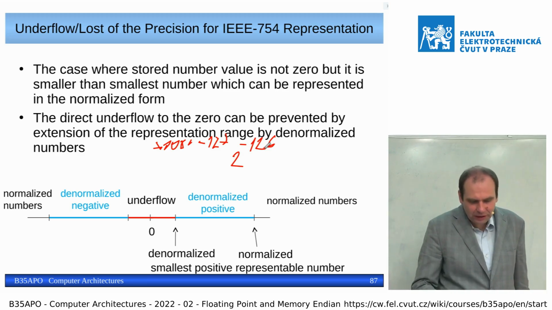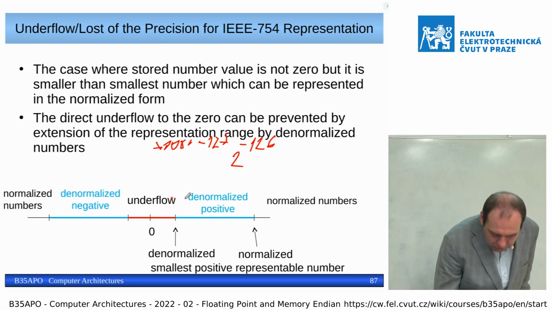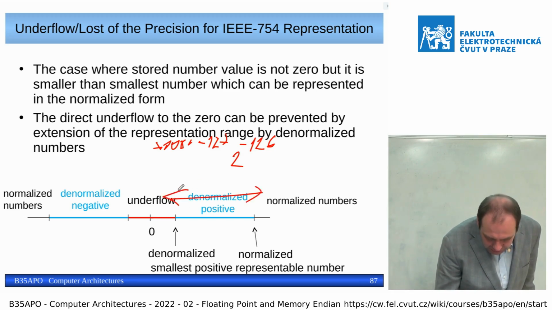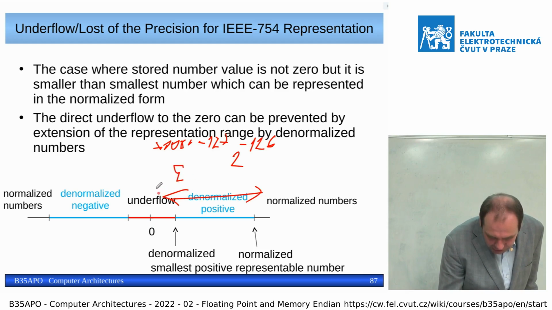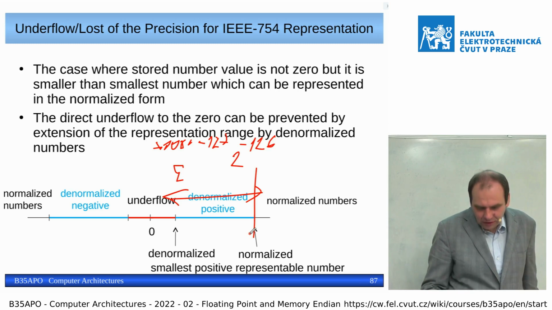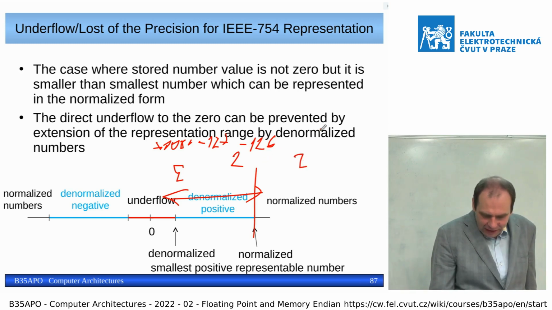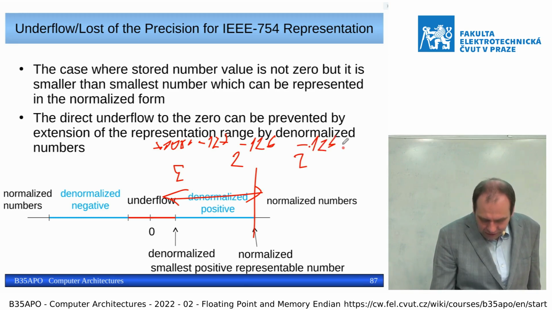So there is no implicit hidden one. And then you can have those denormalized numbers, and you keep the epsilon from the 0 up to this point on that minus 126, and minus 126 minus 23, so it is 2 to the minus 149.